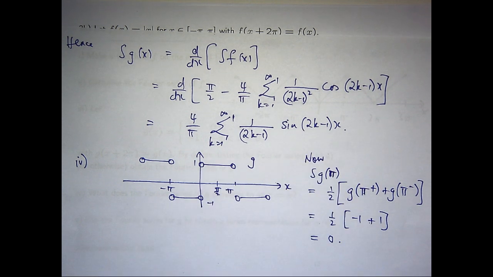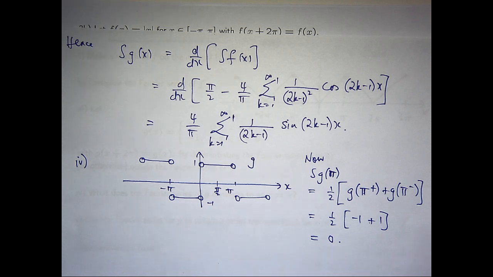Now, think about the values of sine at odd multiples of pi on 2. Okay, so think of sine of pi on 2, sine of 3 pi on 2, sine of 5 pi on 2, sine of 7 pi on 2. Well, it's either positive 1 or negative 1. And in fact, it oscillates between the two values. So I'm going to use that choice here, x equals pi on 2.